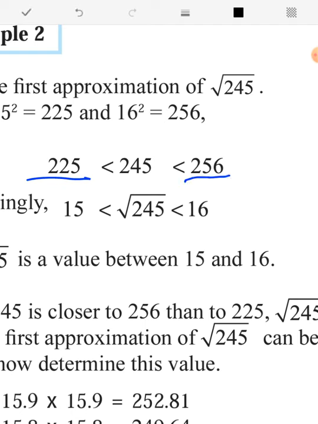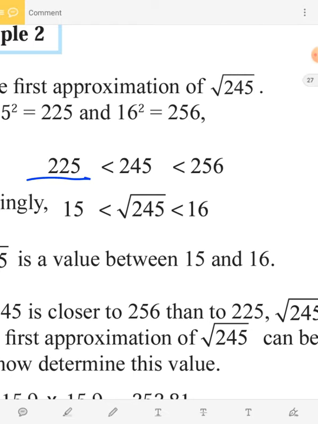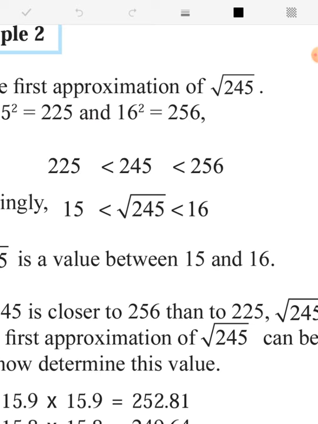When you take the square root for each, the square root of 225 is equal to 15, and the square root of 256 is equal to 16. So the square root of 245 is in between 15 and 16.